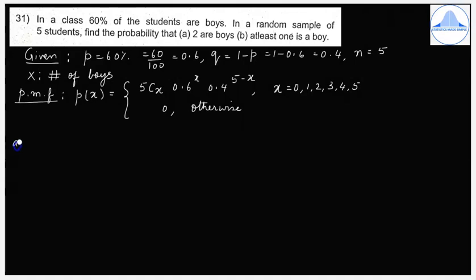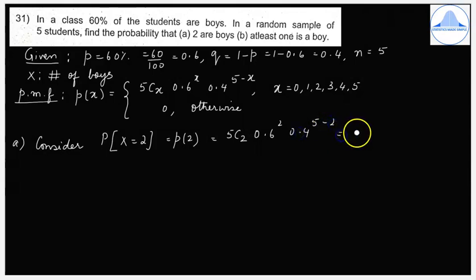Next, you start with the first subdivision. You should find the probability that 2 are boys. So consider probability of capital X equal to 2, which is P of 2. So in the PMF, wherever you have X, replace it by 2. 5C2, 0.6 to the power 2, 0.4 to the power 5 minus 2.